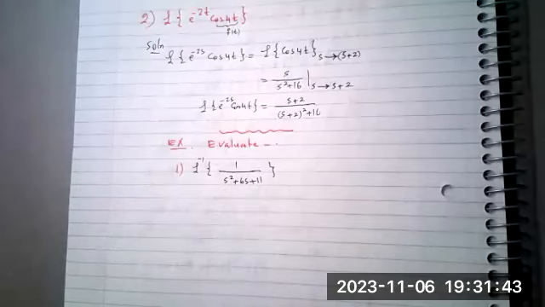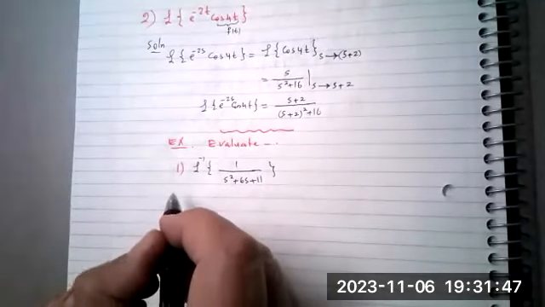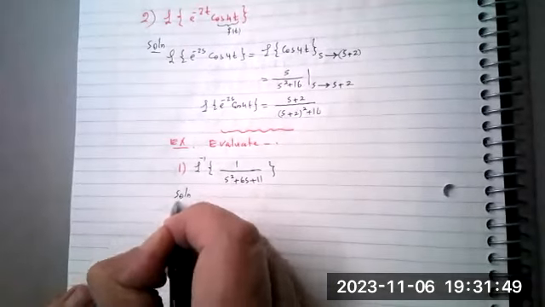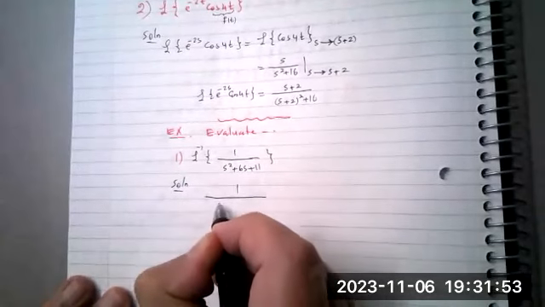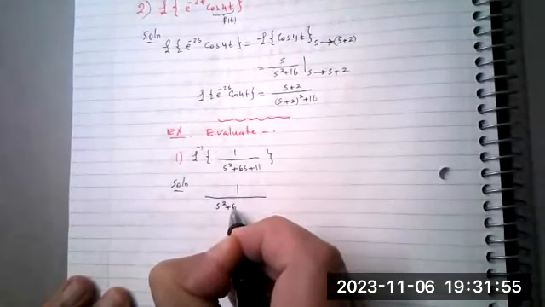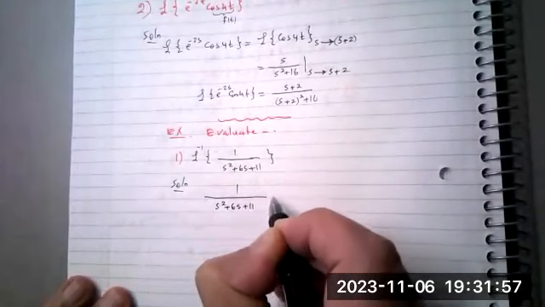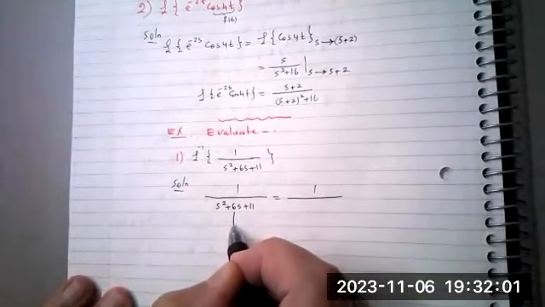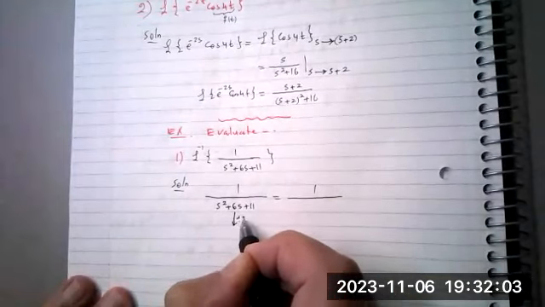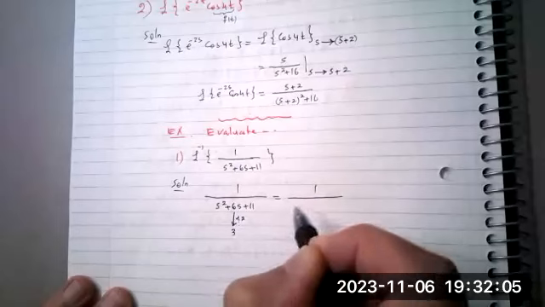We change it to u squared plus a squared, if you like. And you know how to do it. Okay, so the solution is going to be, I'll just remind you, that's it. This is 1 over s squared plus 6s plus 11. So what you do, you divide this coefficient by 2. Okay, that gives you 3.